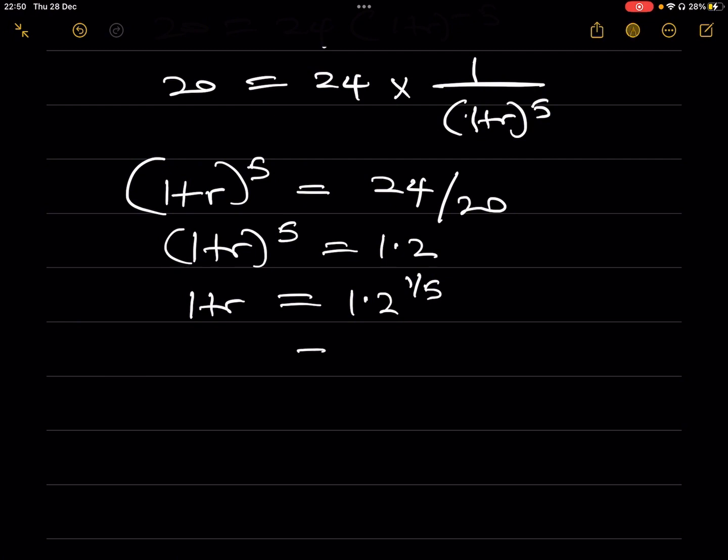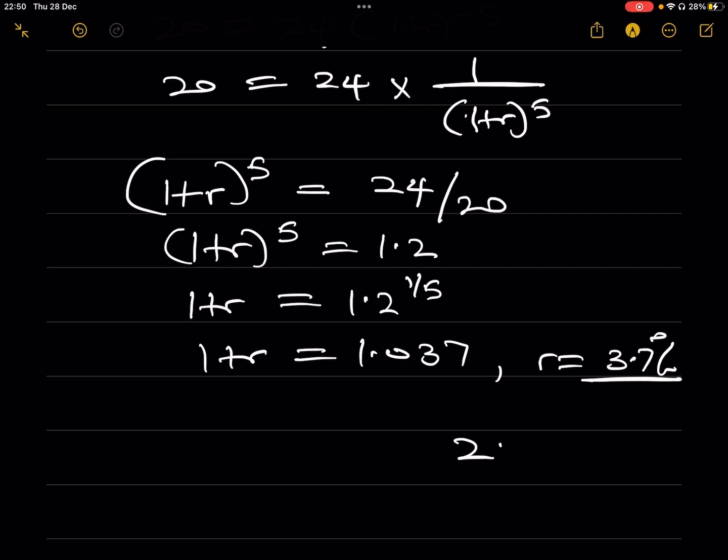That equals to 1.037. So 1 plus R equals to this. So this R equals to 3.7%.